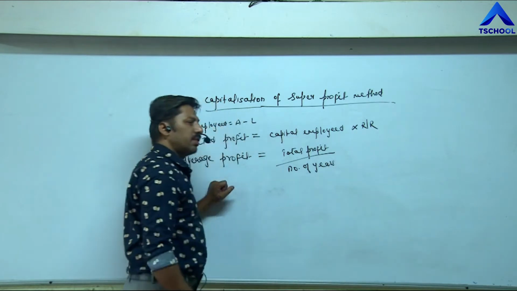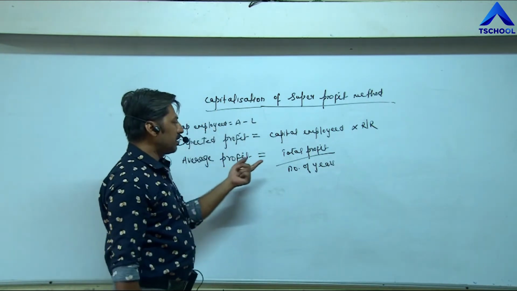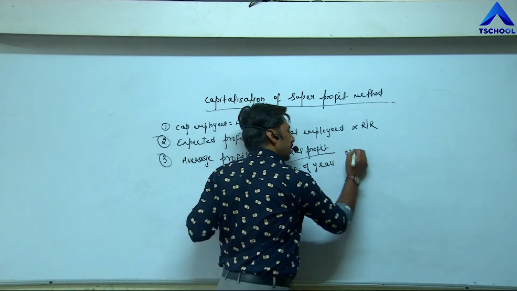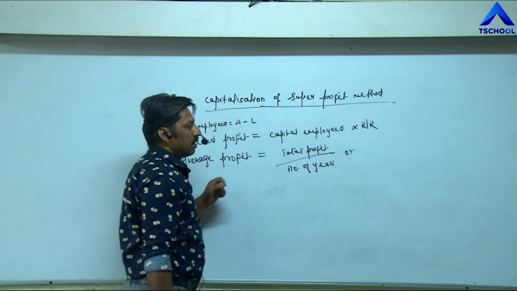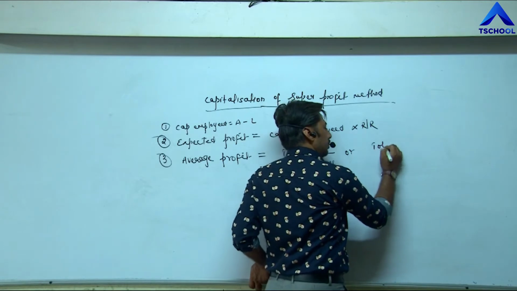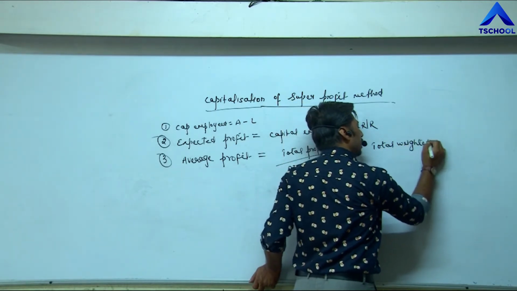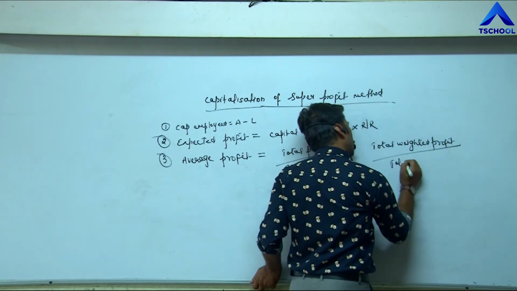If profit is given on the basis of fluctuating trend, then we apply this simple formula, total profit upon number of years. Or if profit is showing increasing or decreasing trend, then weighted average profit method. Formula for this is total weighted profit upon total weight.